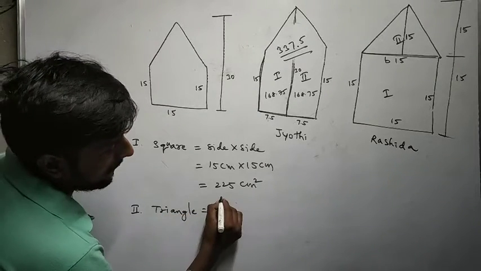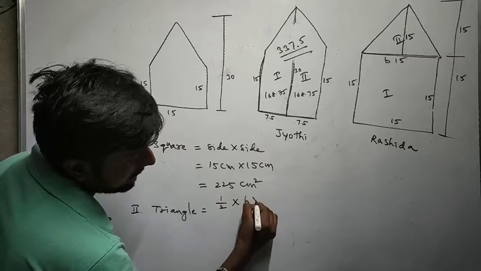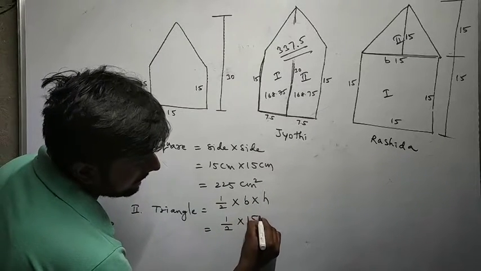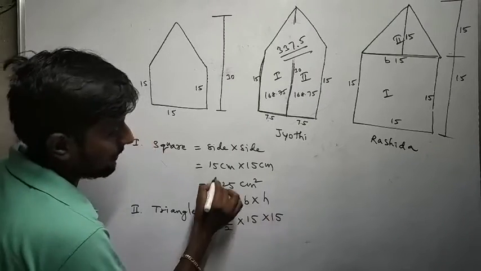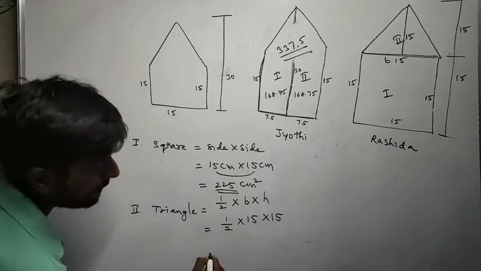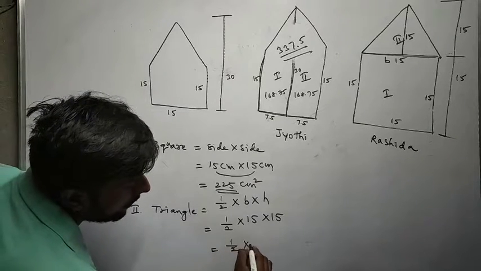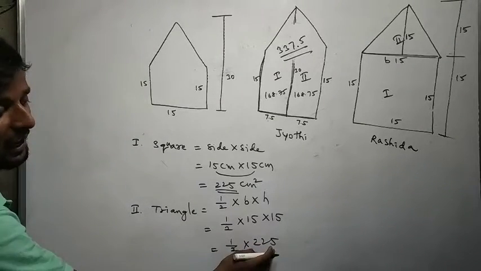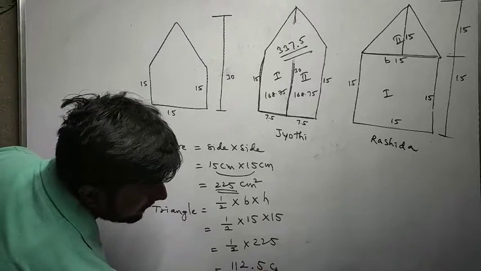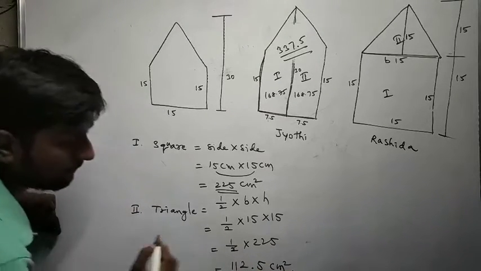Area of triangle formula: half into base into height. So I'll write half into 15 centimeter into 15 centimeters. As I have written 15 into 15, 225, right? So here I'll write half into 225. Just making half. That is 112.5 centimeter square.